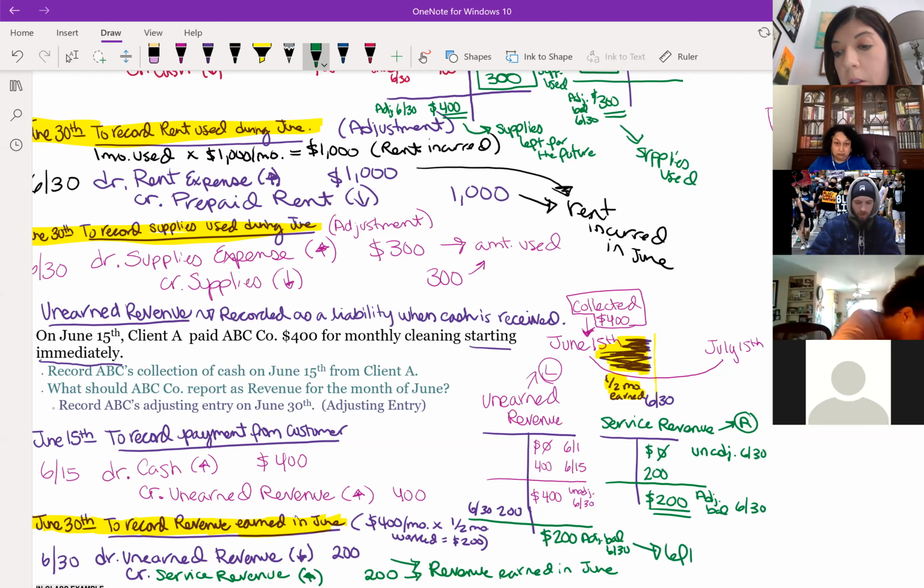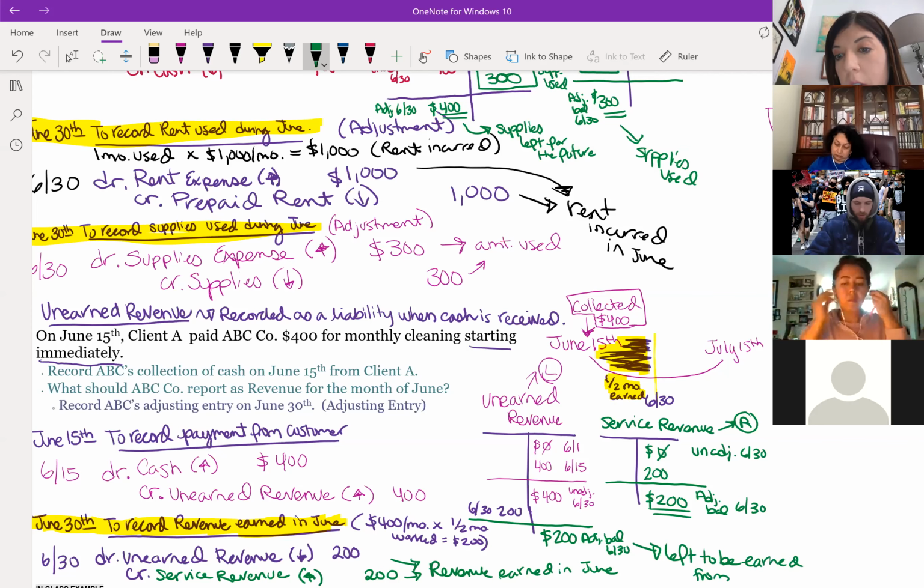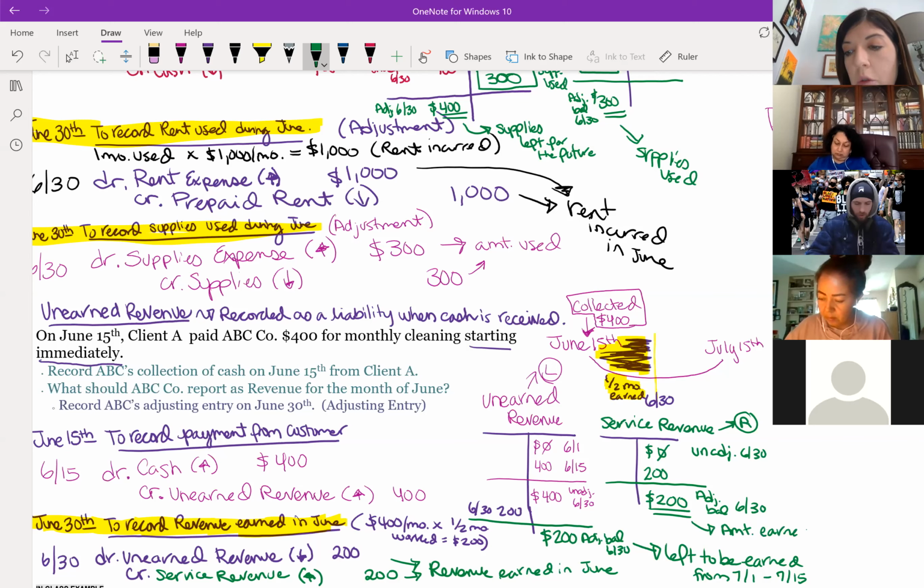So left to be earned from July 1st to July 15th. And this represents the amount earned in June.